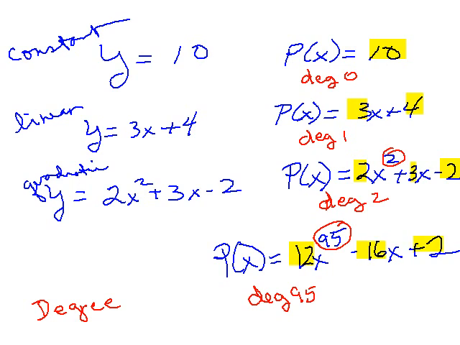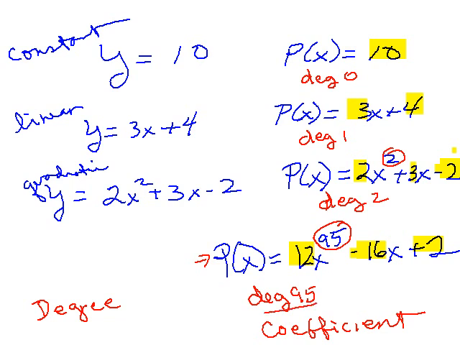It's the number, including the sign, that multiplies the variable. And again, the term for that is coefficient. So this polynomial here has coefficients of 12, minus 16 and 2. It is of degree 95.